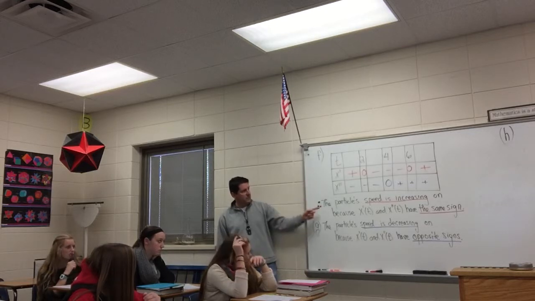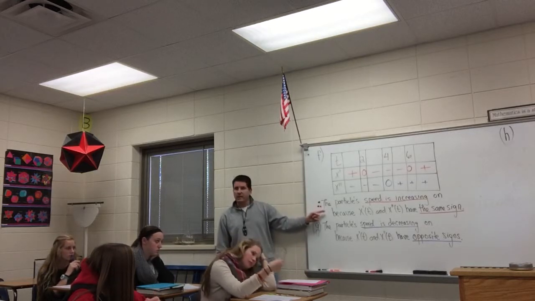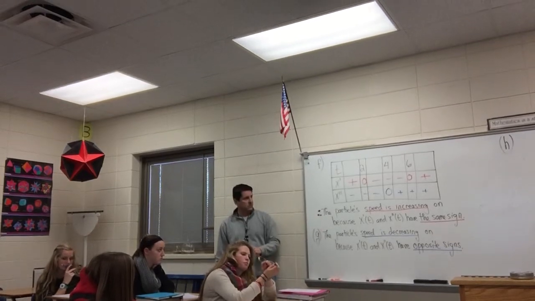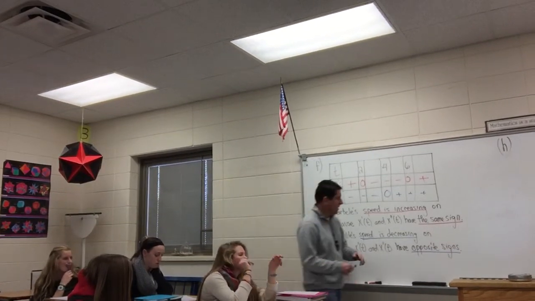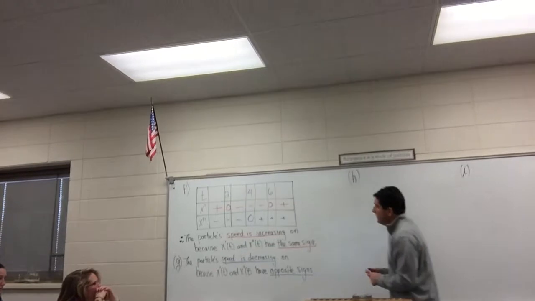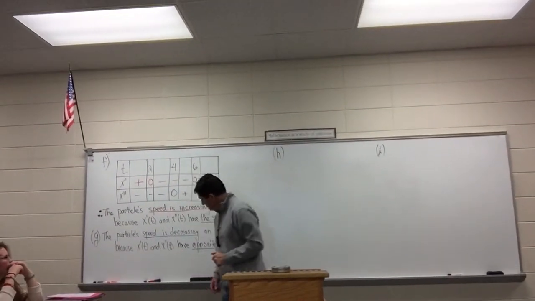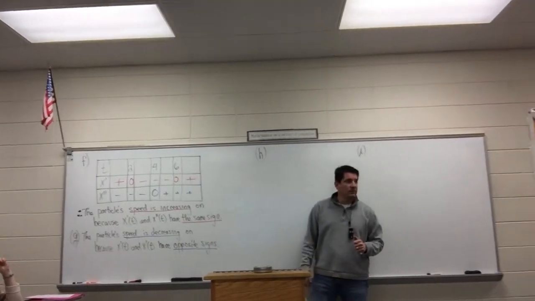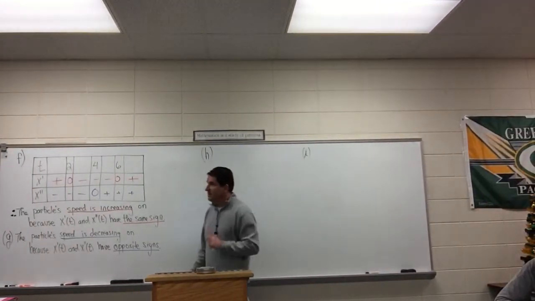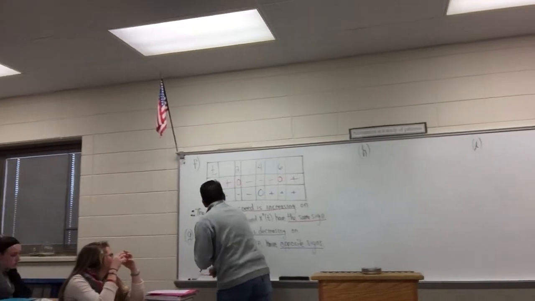This particle's speed is increasing on what intervals? We wrote it down yesterday, but can you look at it and tell where it is? Can you look at the picture? When the signs are the same. Exactly.